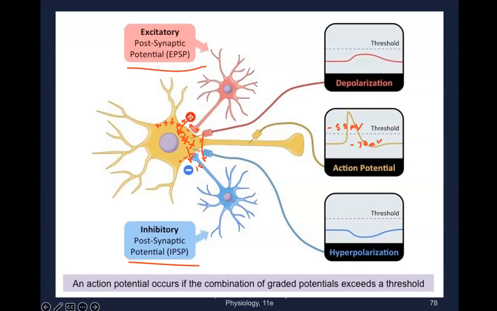So if we cause enough of a change in the dendrites and the cell body here, enough of these depolarizing graded potentials are occurring, bringing enough of a change on the inside of the membrane closer to that threshold, then once we hit this negative 55 millivolts, and that's spread to here at the trigger zone, now we can trigger an action potential.